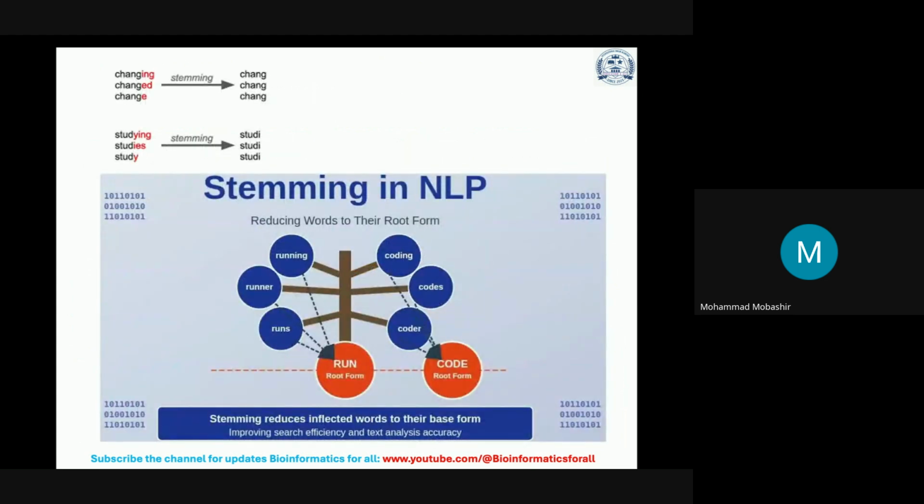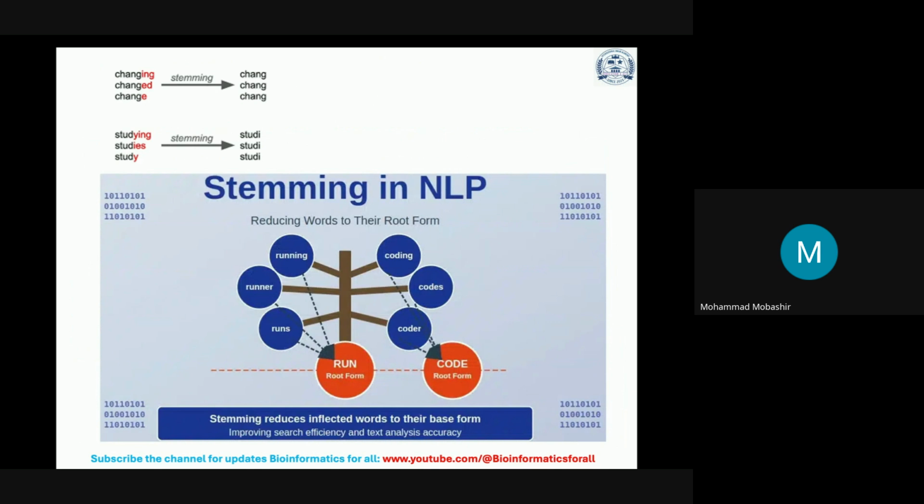Another example: changing, changed, and change give you the stem chang. Again, studying, studies, and study give you the stem studi. This is called stemming.